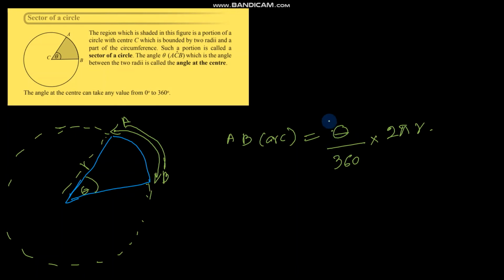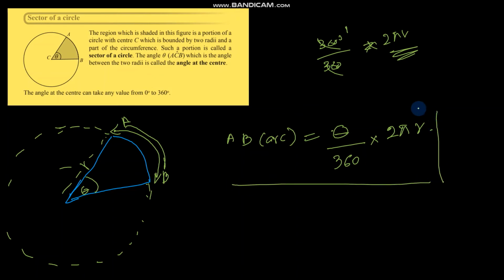If theta is, for example, 360, meaning the entire circle that we are talking about, then 360 over 360 is 1 multiplied by 2 pi r, so we get 2 pi r. That is the perimeter or circumference of the entire circle, right? So in that case, you get this particular formula.